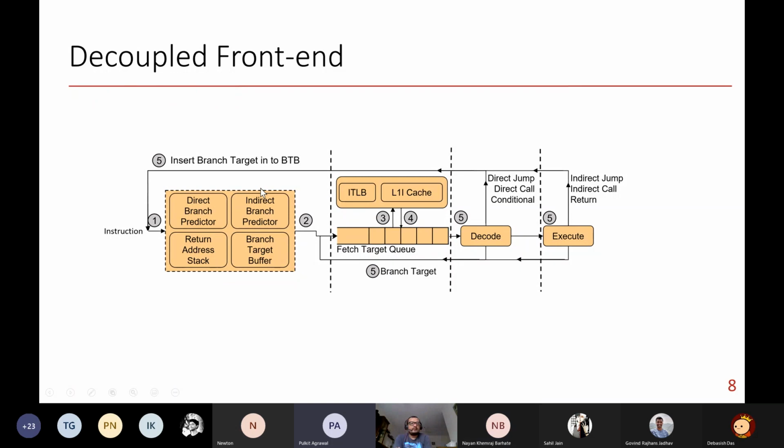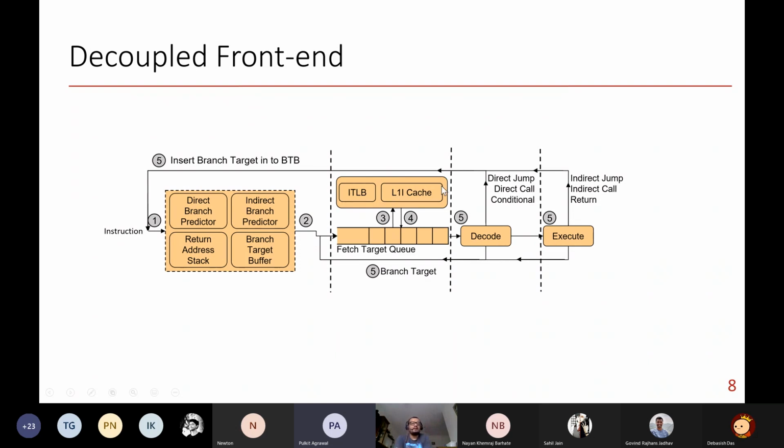Yeah, so what I'm saying is, if I don't have a decoupled front end, then in the very first stage, the fetch stage, I will go and access the L1 ICAS, depending on the program counter. And depending on the program counter, I will decide how to move ahead and decode and execute.